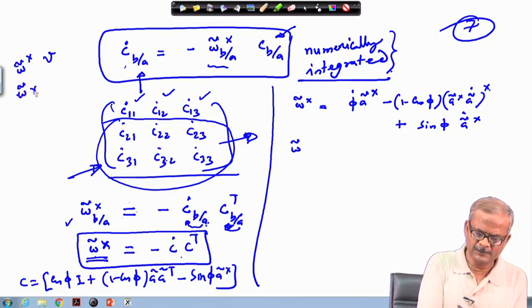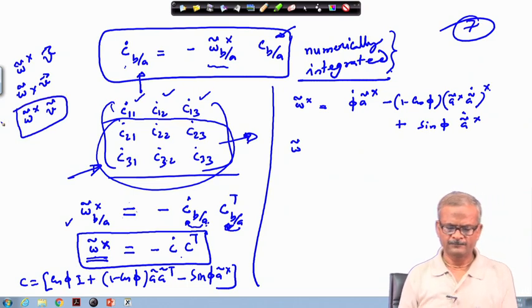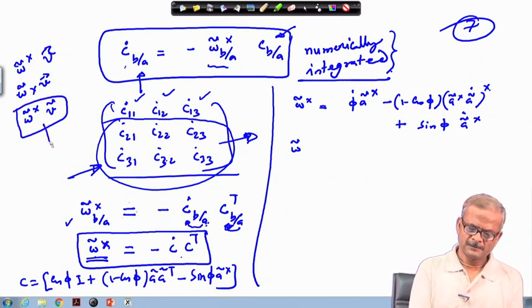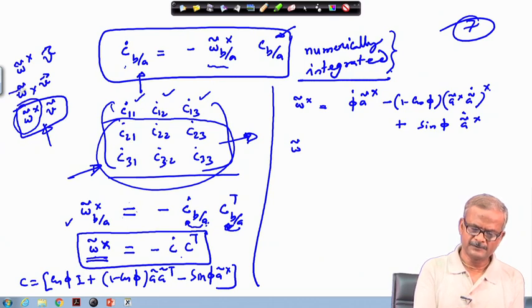So, you can write it as omega tilde cross v, or otherwise if you are writing in a matrix notation, you can write it like this. If you are using this notation, this becomes a matrix. If you are using this notation, with an arrow put here, this becomes a vector.